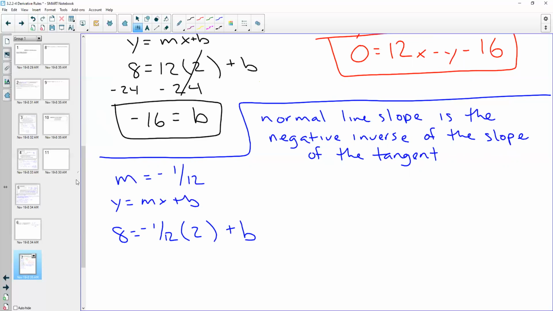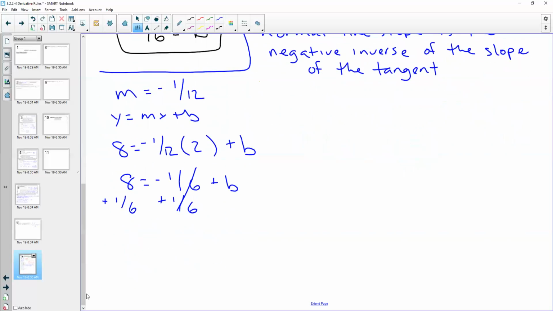So 2 multiplied by negative 1 over 12 is equal to negative 1 over 6 plus b. So if we add 1 over 6 to both sides, that will cancel. Now remember, 8 as a fraction is 48 over 6. So if we add 1 to that, we will get 49 over 6 is equal to b.